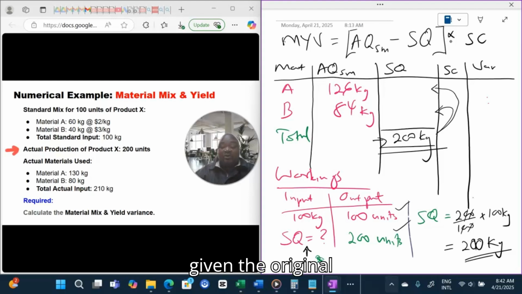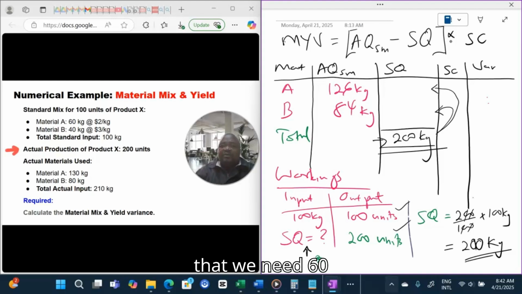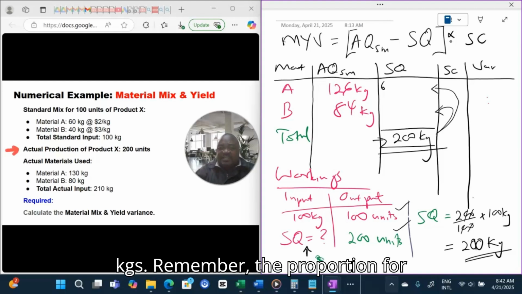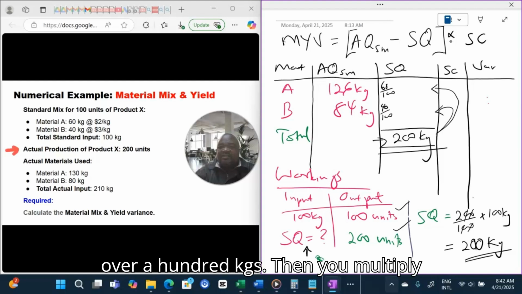And we have been given the original proportion, where we were told that the proportion for the 100 kgs was 60 and 40. It was 60 over 100 kgs, 40 over 100 kgs.